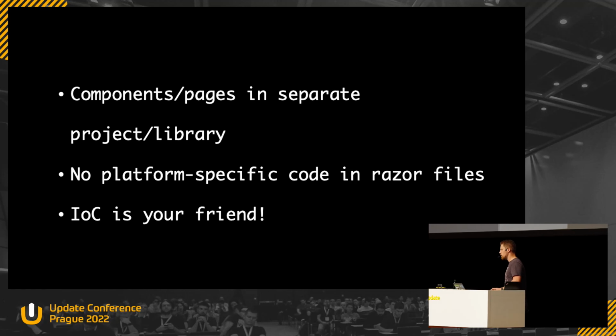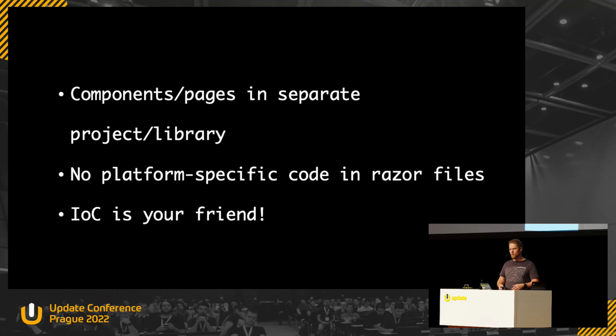That makes it really easy to share those components between applications, and also between your websites, of course. But I recommend you to have the web project just as a head, and then you reference other projects where you have your actual components or pages.